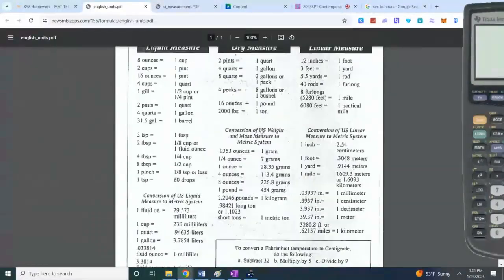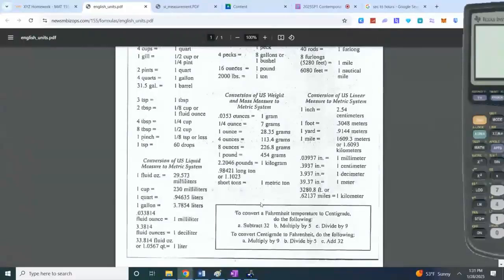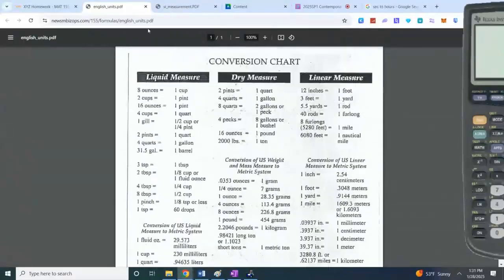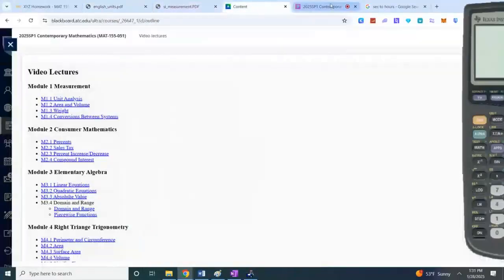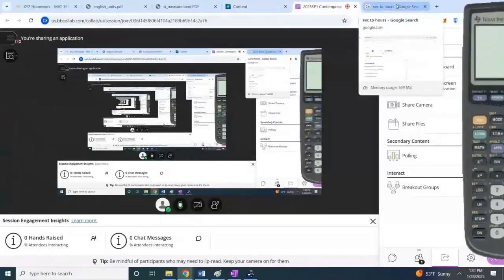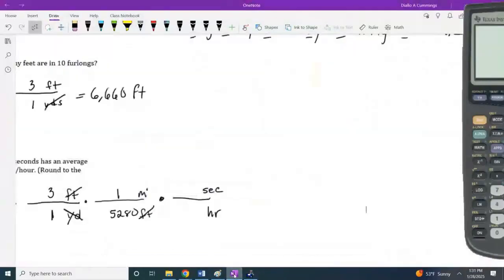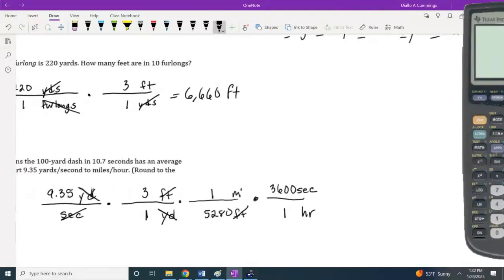Yeah, I guess since that's a common one, I don't actually see it on here, but 1 hour is 3,600 seconds, right? So now the seconds are going to cancel, and I'm left with my miles per hour.